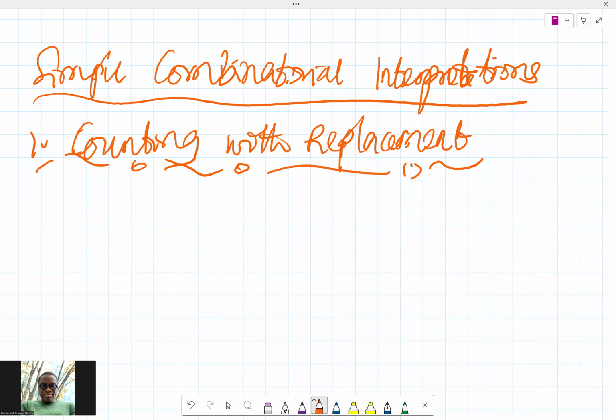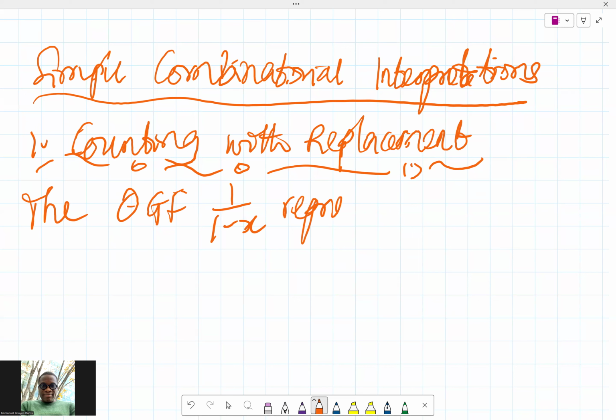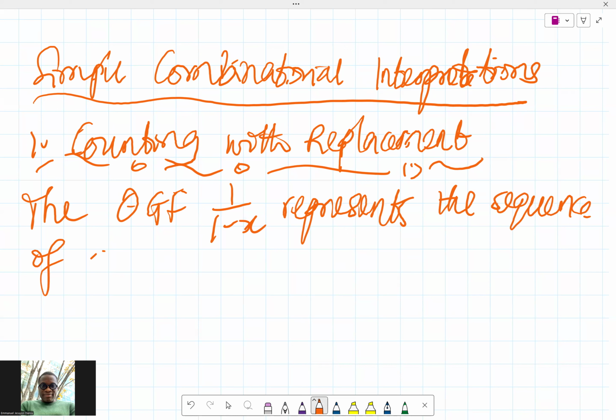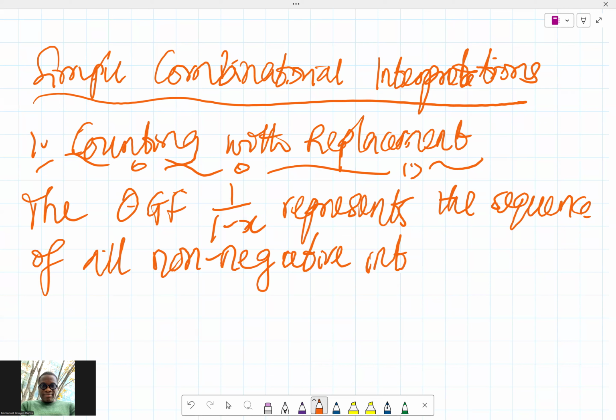So the ordinary generating function 1 over 1 minus x is for the constant sequence. This represents the sequence of all non-negative integers, that is 1, 1, 1, and so on.